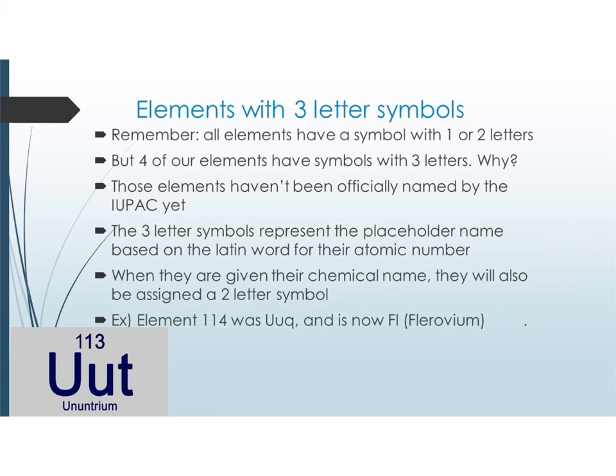And here's my example. Ununtrium has not been named yet, right there. And so it's UUT, and because it has 3 letters, we know that that's not its official name. That's just a placeholder. And in Latin, 113 is pronounced Ununtrium. According to me, it's pronounced that way.